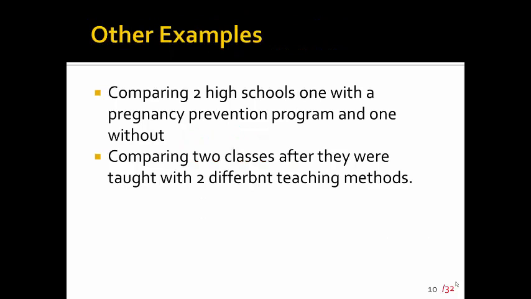A similar example is when two groups go to different programs or two groups receive two different teaching methods. Unless you have a pre-test or you have a random assignment to divide your participants into experimental group and control group, any differences in the post-test does not indicate a cause and effect relationship.